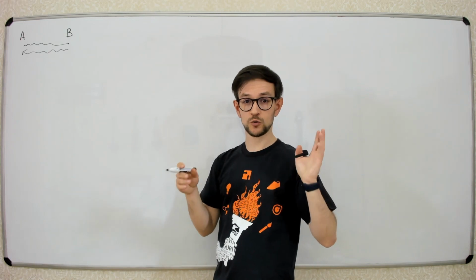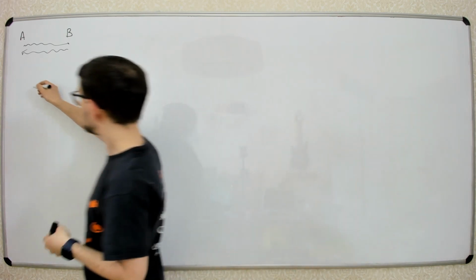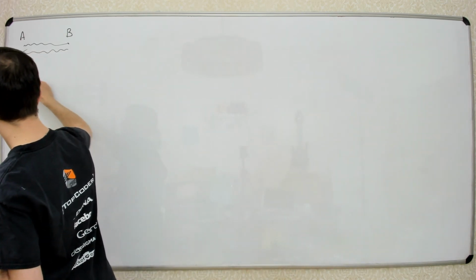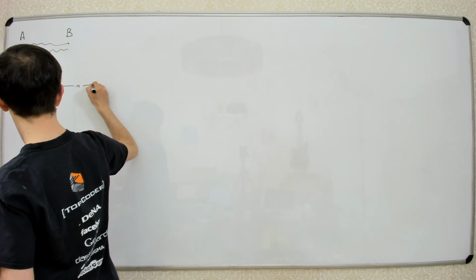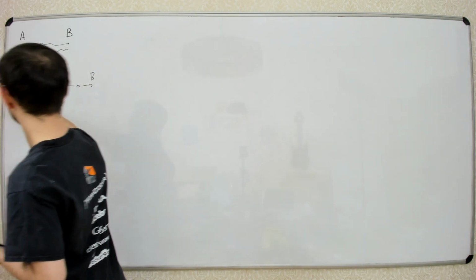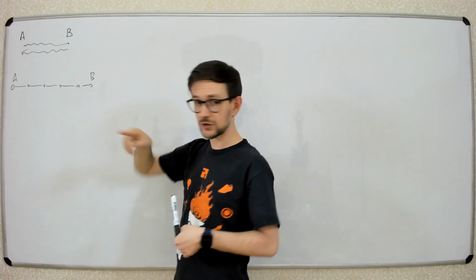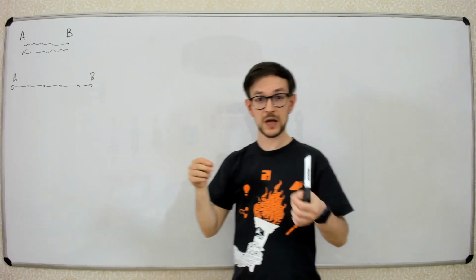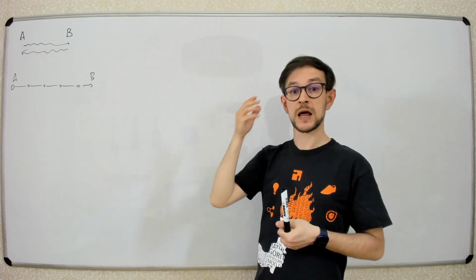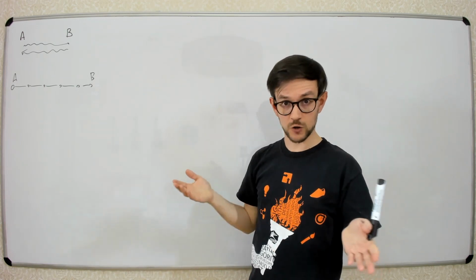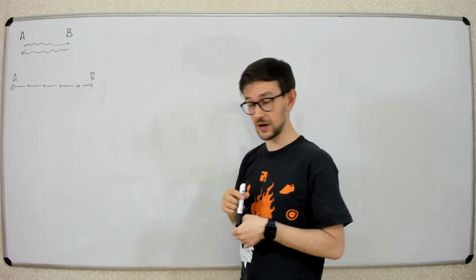You send the message to the network, and inside this network there are multiple nodes. When you send the message from here, it passes many internal nodes of this network.